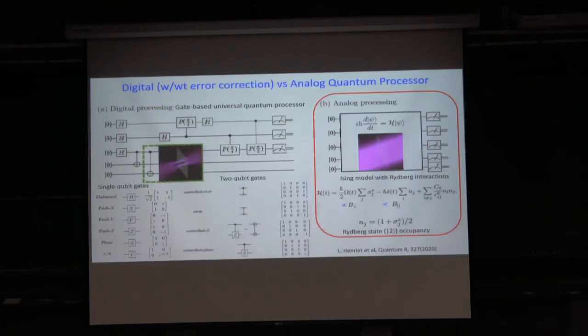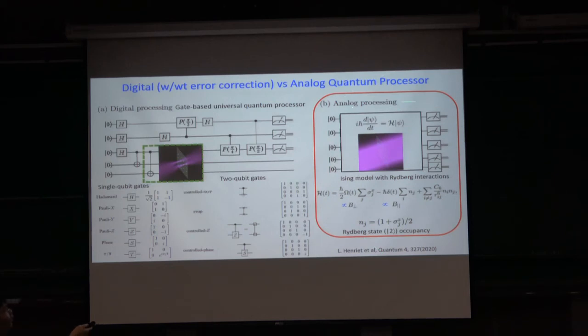And yeah, so right now these are based on the so-called gate-based universal processors. But you can categorize the work into two parts: the digital or gate-based quantum computer, and the analog processing, where actually people do more work.